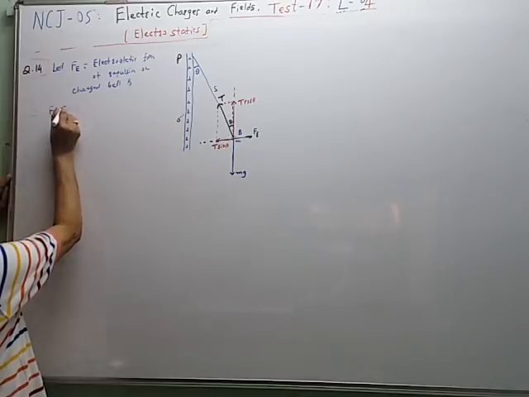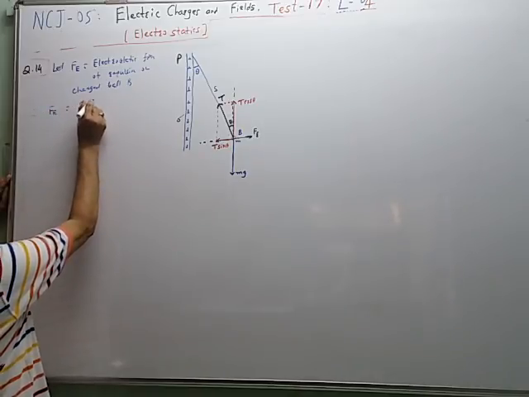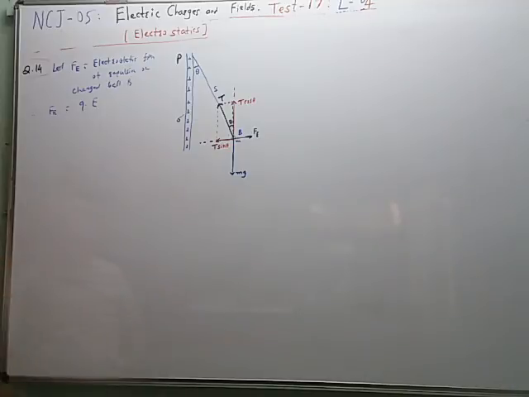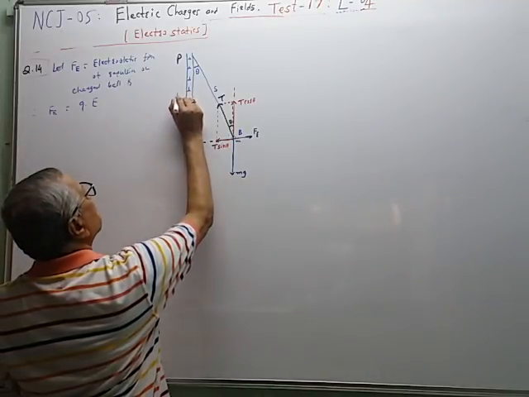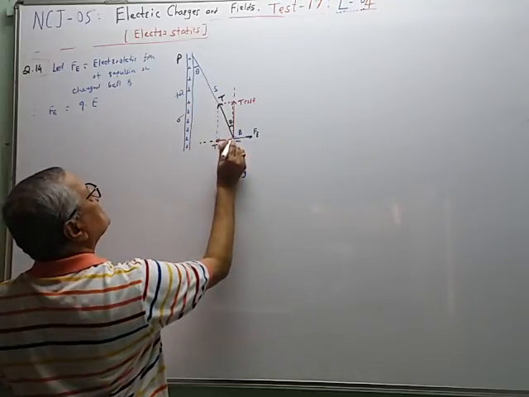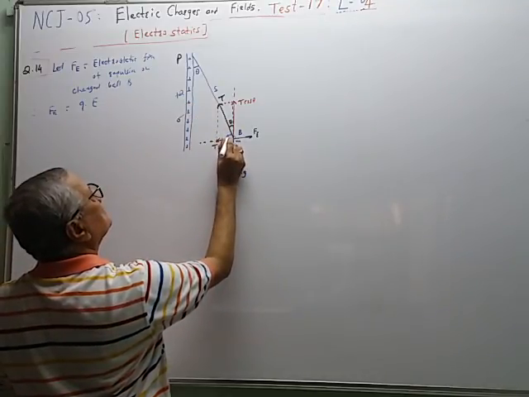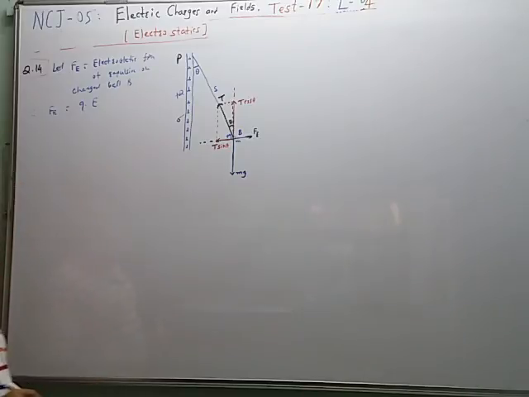Therefore, Fe is equal to Q into E. This charge is considered as plus Q, and this charge is considered as small q, like this.